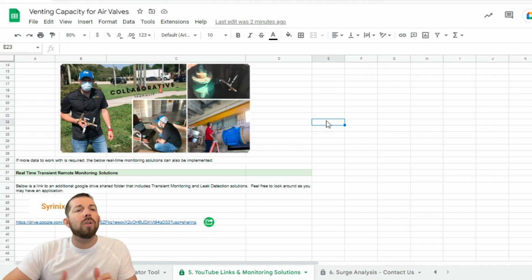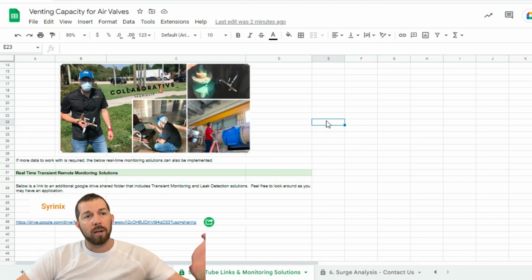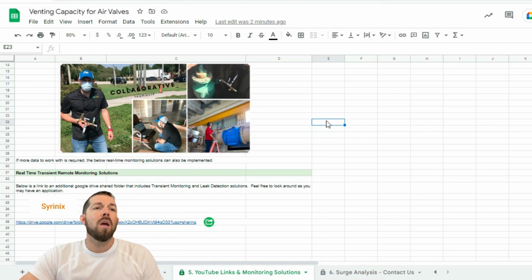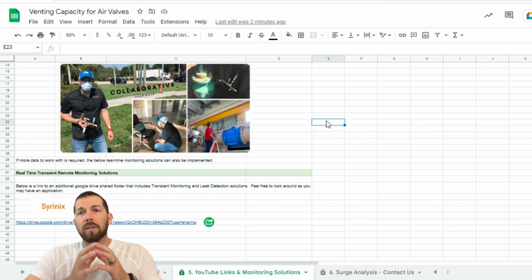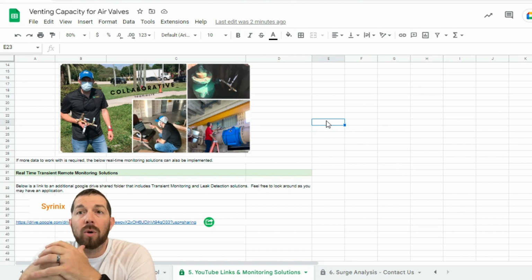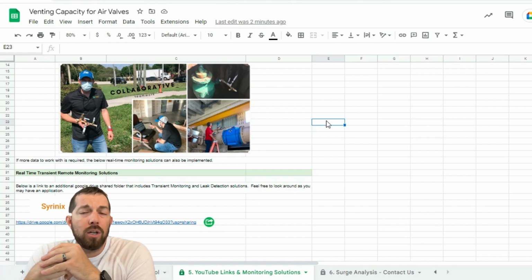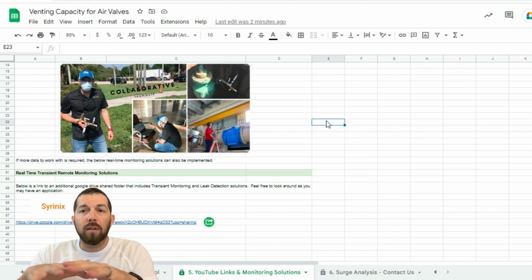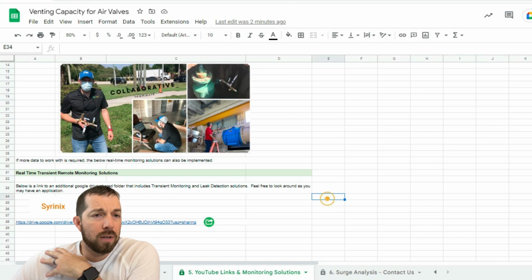You get a good resolution of what's going on, especially in the sewer force main systems. When we're talking about potable water, you also get a true timestamp of events. On the potable water side, you can bring in another aspect with a term called triangulation, which, when laid over GIS data, lets you pinpoint what's truly going on in the system. That's something cool. That's a product put out by Syrinix.